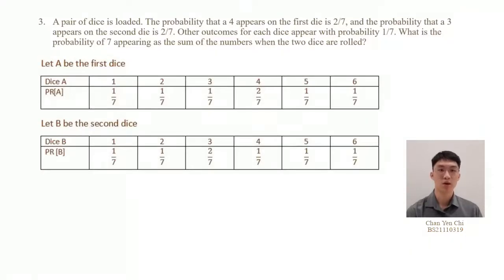From here, we let A be the first die and B be the second die, and list out all the probabilities for the first die as well as the second die.